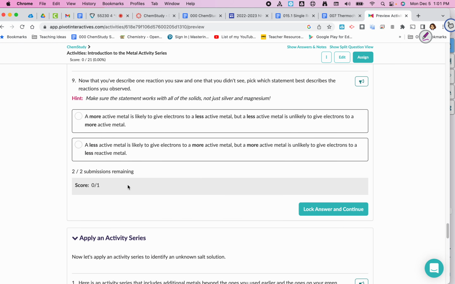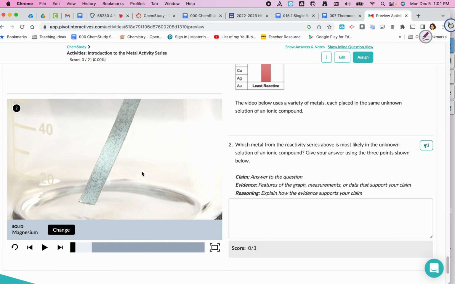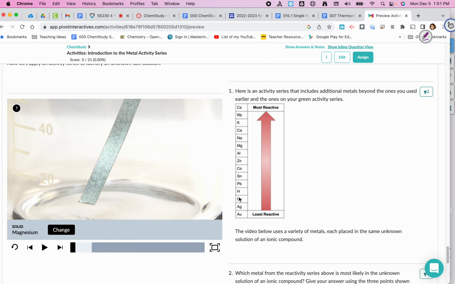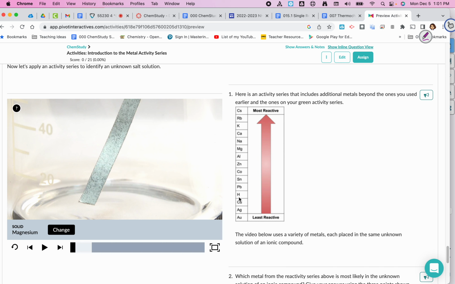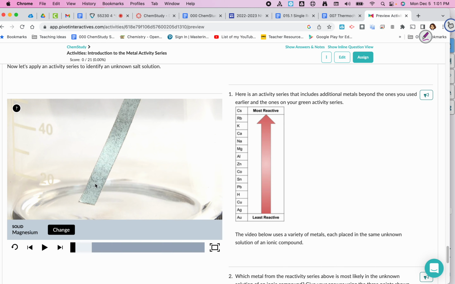So this very last one, where we had to figure out what metal ion was in the solution. So here is kind of a bigger activity series for us. I think it's easiest if we approach this from either the top down or the bottom up. Doing it in just the random order that they gave us, you end up with something that doesn't really make a whole lot of sense.